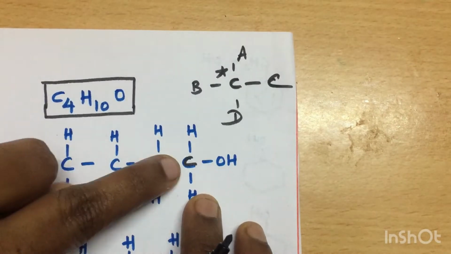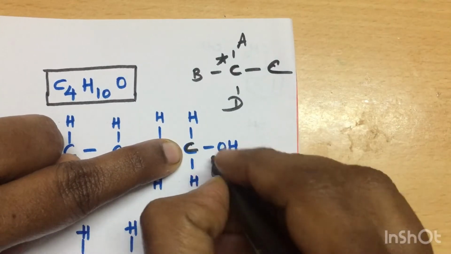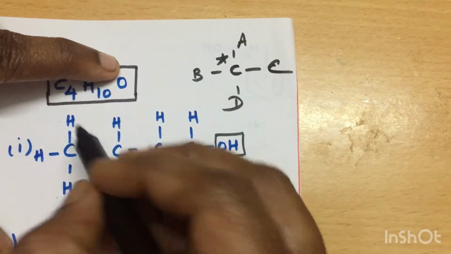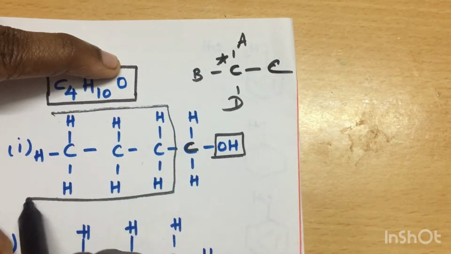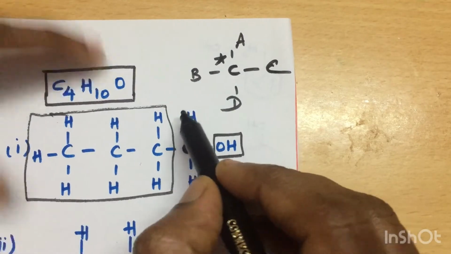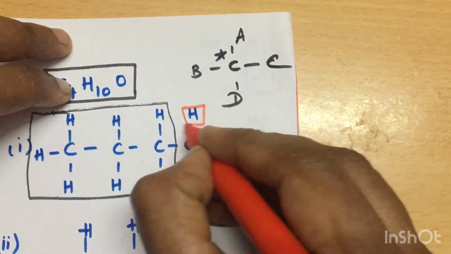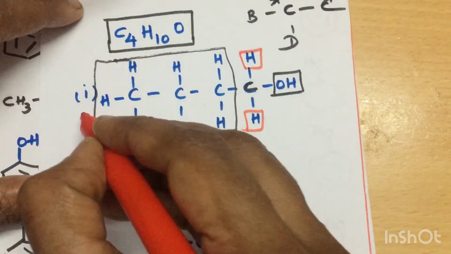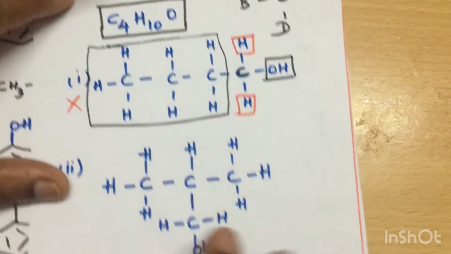So let's check. For this carbon only we have to check, because here is your hydroxyl group. Here on the hydroxyl group you have to see the entire group. This is a different group, but these two are both hydrogen. So not all the four groups are different, so this alcohol is not a chiral alcohol.